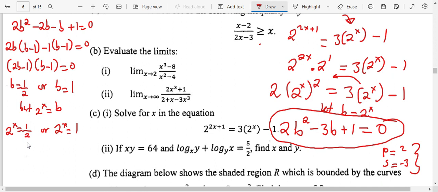So this 1 over 2, if the 2 I take it on top, it is going to become 2 to the power negative 1. Or 2 to the power x is equal to 1 is the same as 2 to the power 0. You just need to write the same bases. That means that x is equal to negative 1 or x is equal to 0. So these are the values of x.